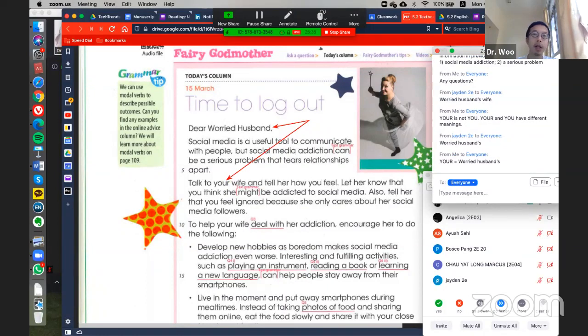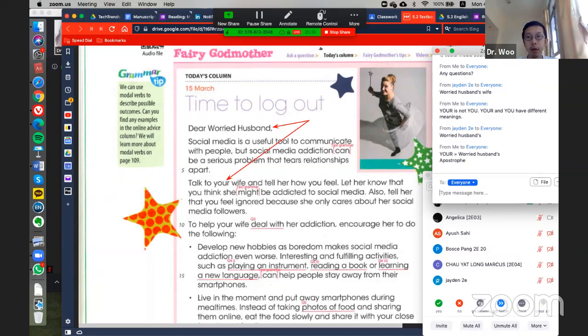And the apostrophe, you may want to repeat after me. One use of the apostrophe is to indicate possession. They own something. And depending on how you use it, it has different meanings.